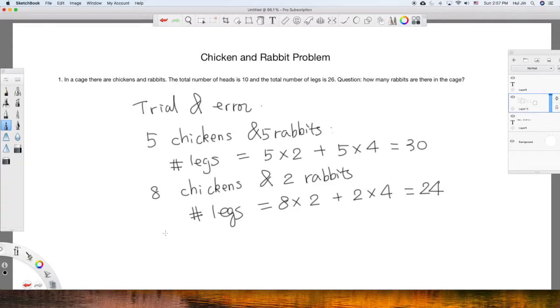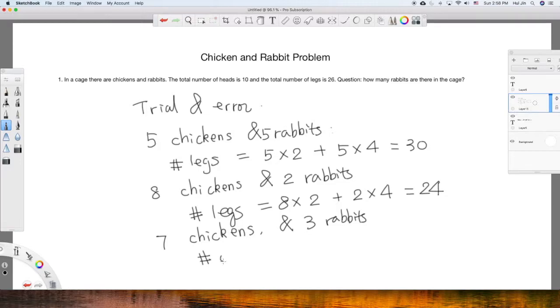All right, so we actually have too few rabbits. And it's clear that it will be between 2 rabbits and 5 rabbits. And the fact that with 2 rabbits, there are 24 legs, makes it really close. So let's just check 7 chickens and 3 rabbits.